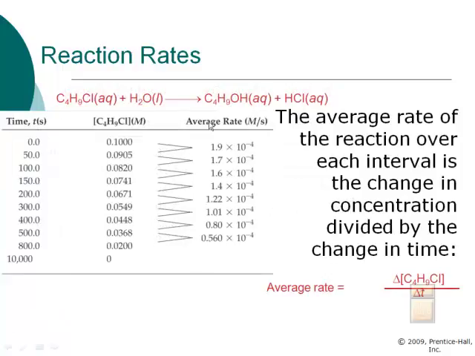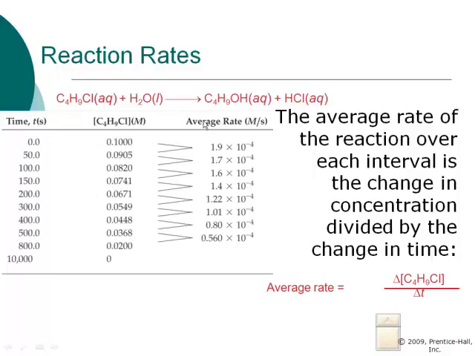Now in this particular slide, we're doing something different. We're measuring something called the average rate. It says the average rate of the reaction over each interval is the change in concentration divided by the change in time. So overall average rate would be any change in the reactant over a specific amount of time.